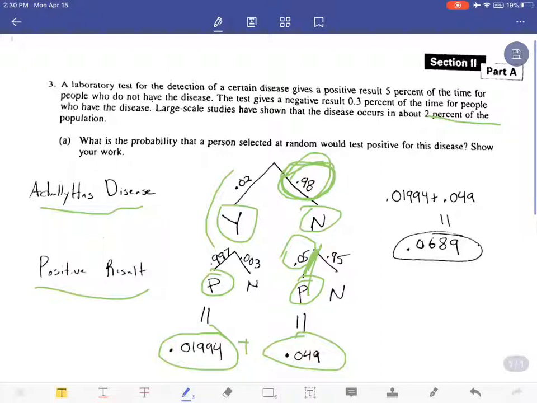Okay? So we do 0.01994 plus 0.049 equals 0.0689. Because another way of saying that, what's the probability that they test positive and actually have the disease, or they test positive and don't have the disease? So that or word's going to connect them. We add them together. All right, so you should have had 0.0689 for your answer for part A.